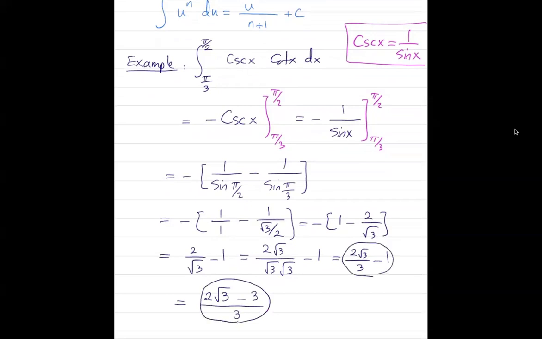So you can leave it like this, or you can take the common denominator at the end and write it as 2 square root of 3 minus 3 divided by 3. And again, remember that sine of pi over 3 is square root of 3 divided by 2, which is the same as cosine of pi over 6. Those of you who want to refresh your memory about pre-calculus and unit circle, this is what we had before.